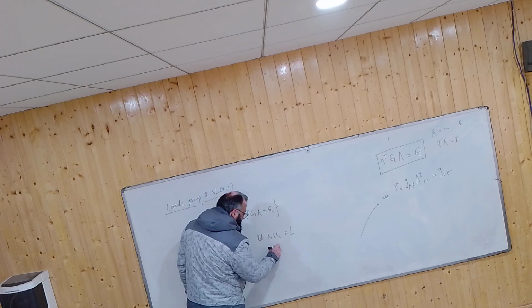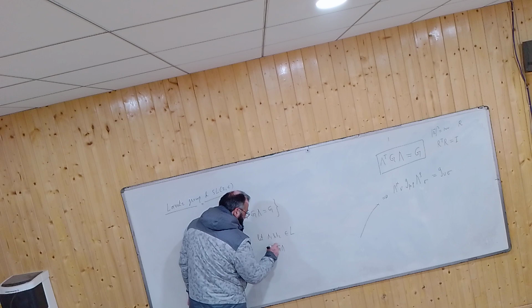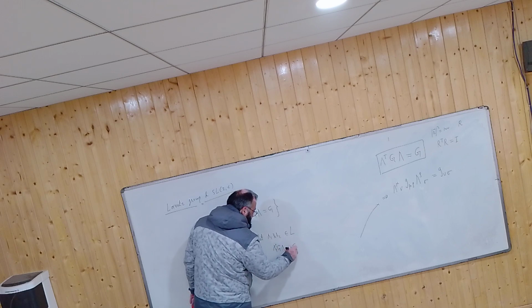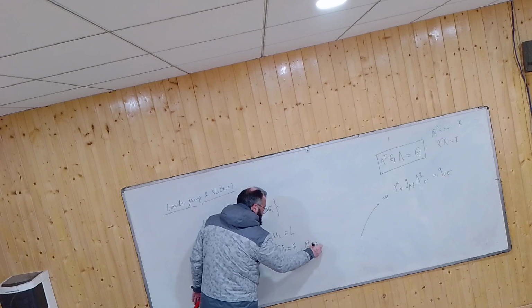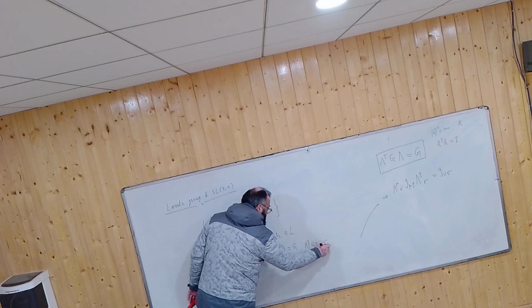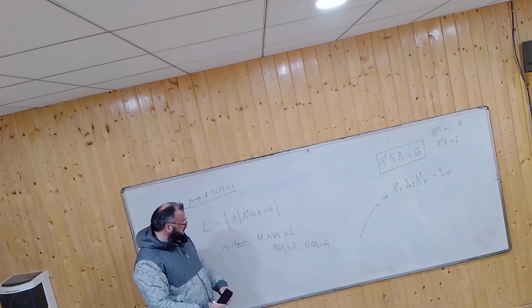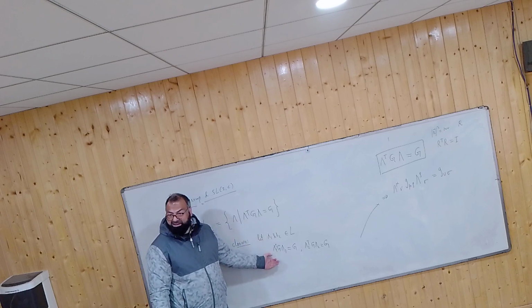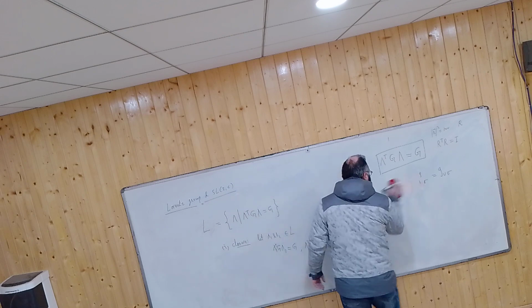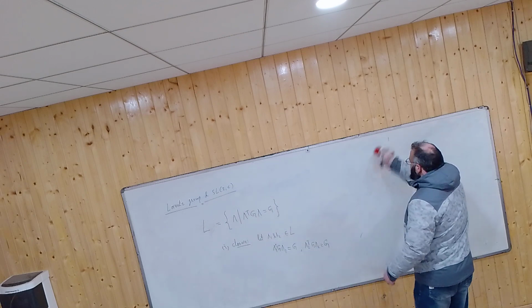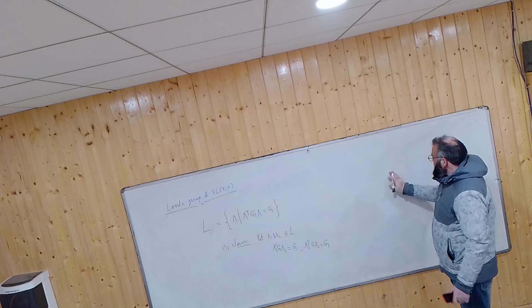It means lambda 1 transpose G lambda 1 is equal to G, and lambda 2 transpose G lambda 2 is equal to G. Clear? Because if they belong to this very set, they satisfy this condition. Clear?